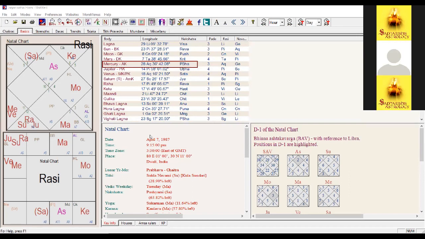The lord of Purva Bhadrapada is Jupiter. So let's see where Jupiter is located. Jupiter is located in the 6th house. So it means whenever Mercury activates, it will also activate the 6th house. Simple.